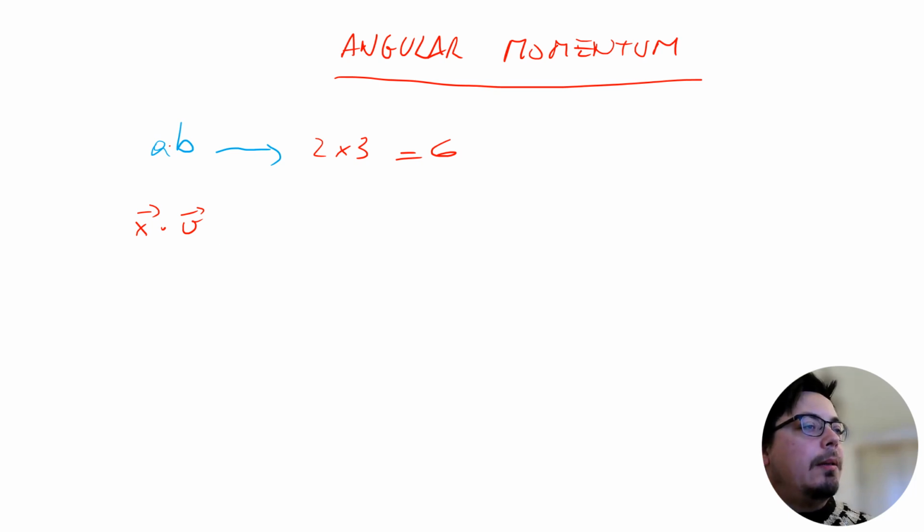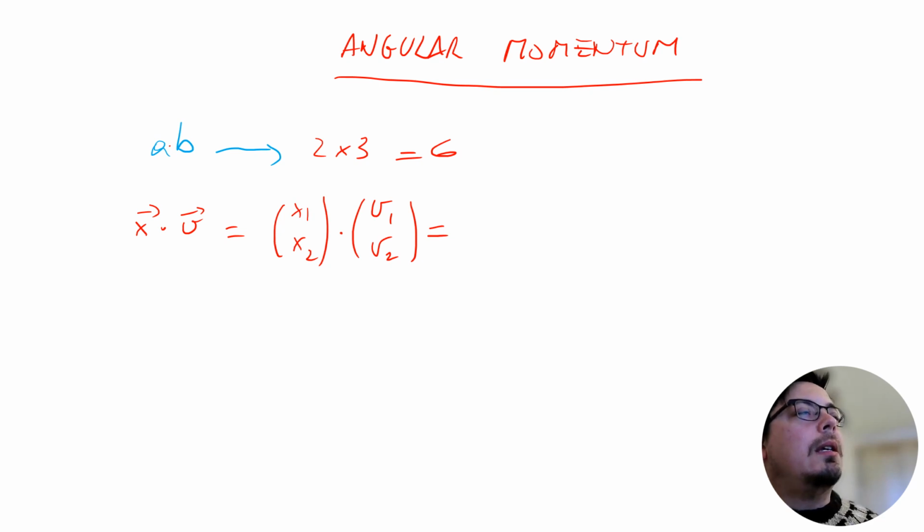This is a bit more complicated, but we saw worse than that, because I will show you in a sec. But x1, x2, let's do dimension 2, times v1, v2, and this is the dot. In this case, it goes like x1 v1 plus x2 v2. And as you can see, the dot turns vectors into a number.